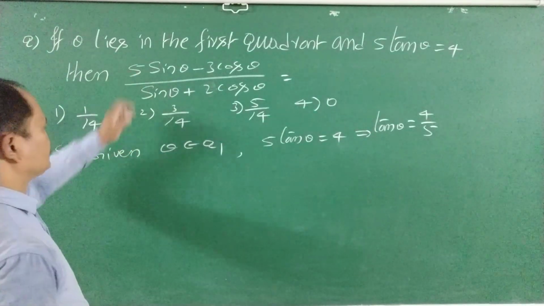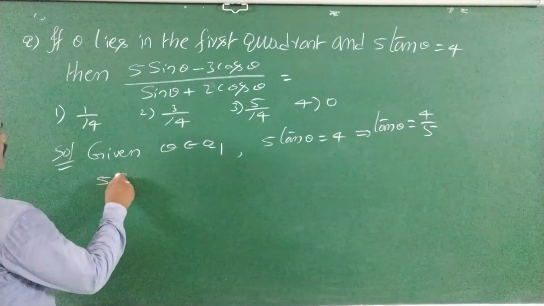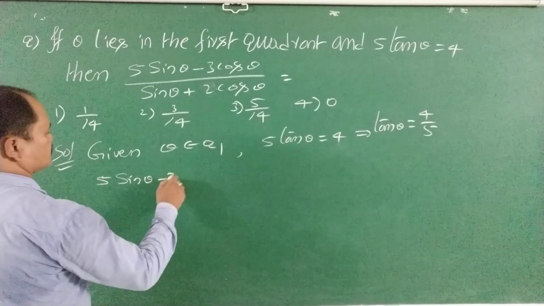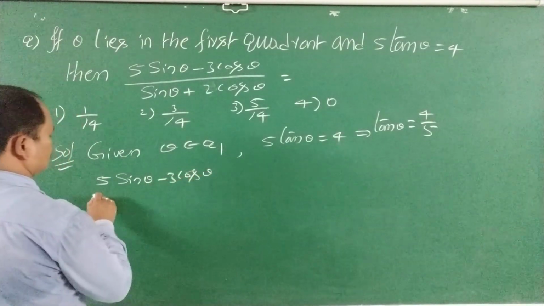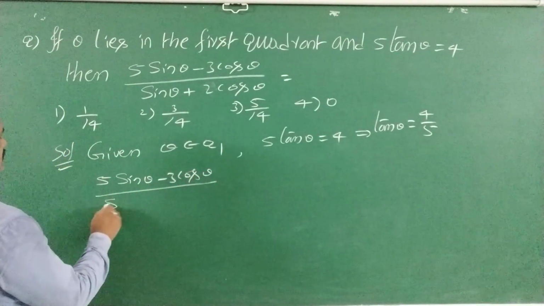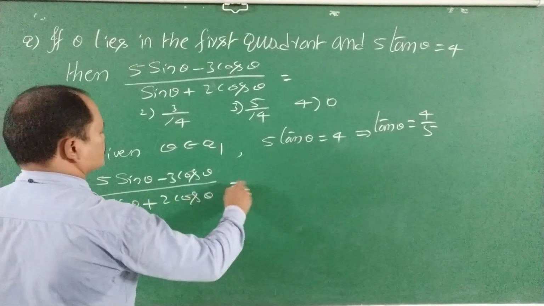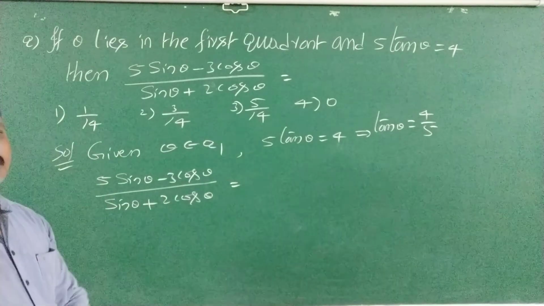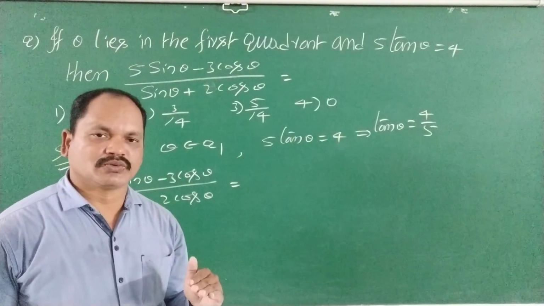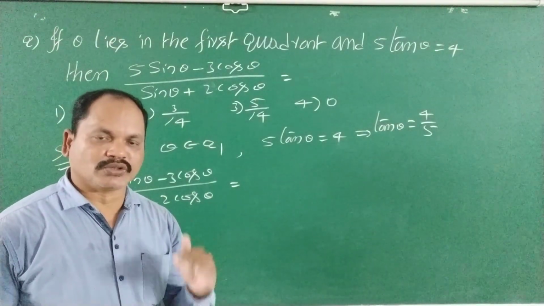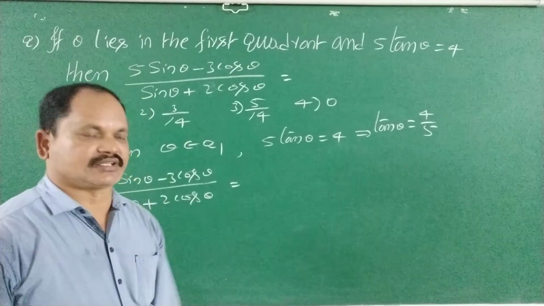Now to find 5 sin theta minus 3 cos theta by sin theta plus 2 cos theta, we have to divide both the numerator and denominator by cos theta.